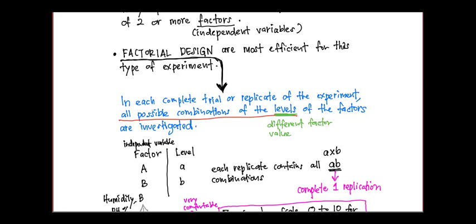Why? Because in each complete trial or replicate of the experiment, I hope you already know about replicate from previous sessions, all possible combinations of the levels of the factors are investigated.